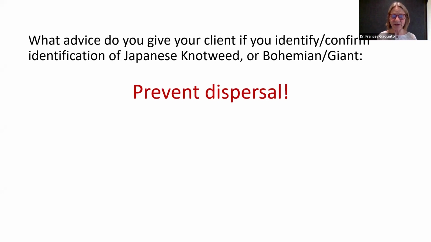As a professional, to remember to do that, to prioritize and emphasize that with your clients is the most valuable, the most helpful, and the most useful thing that you can do. You must prevent it from dispersing, because once Japanese knotweed has been disturbed, once it's started to disperse, it becomes very difficult to control it.